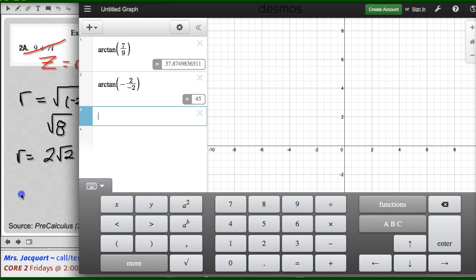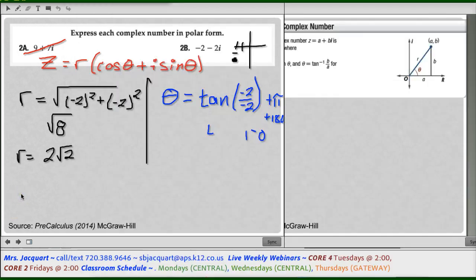Let's try again. Oh, this is 180. So theta equals 45 degrees plus 180, so it's 225.